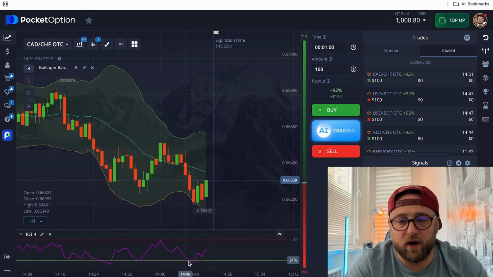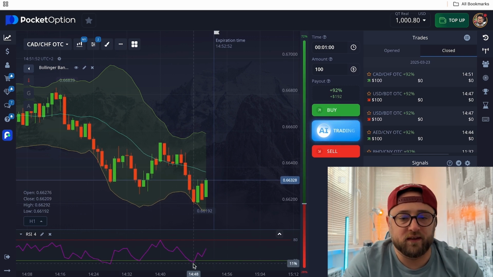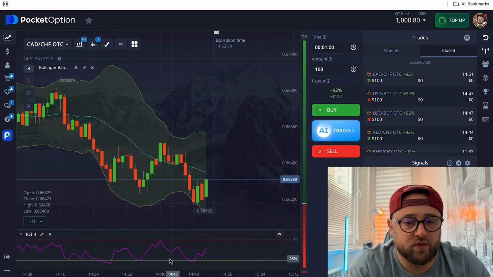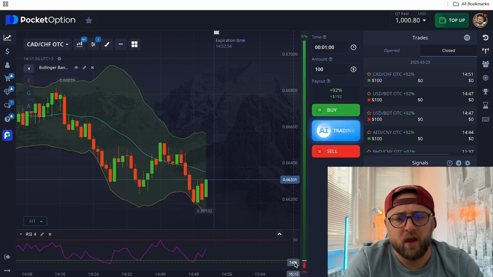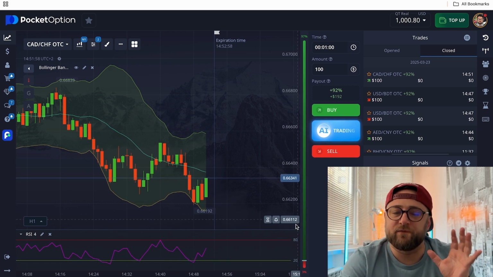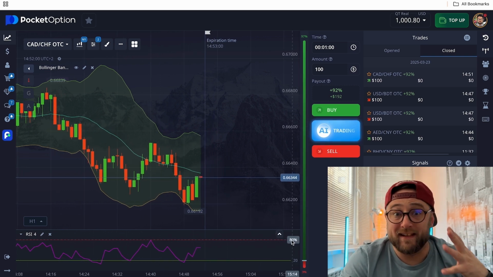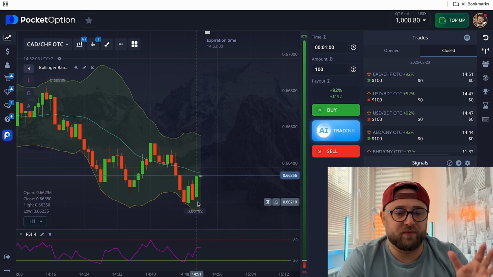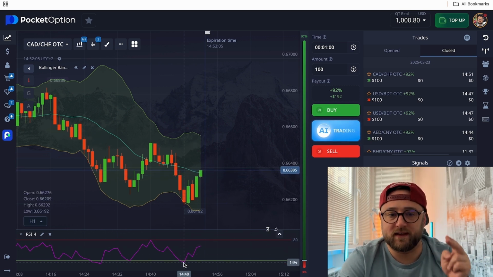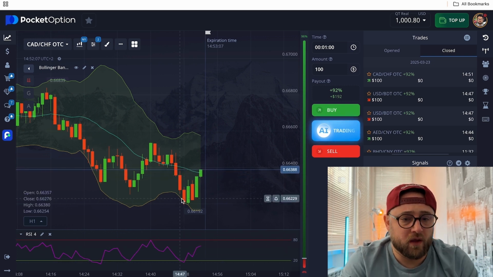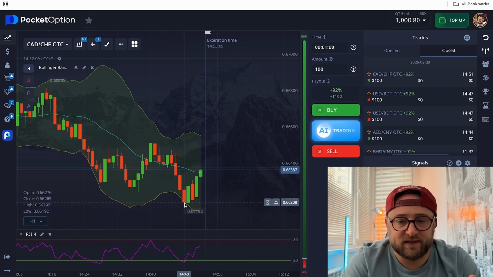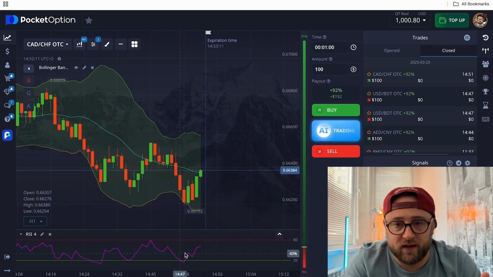That's a signal for us to enter a trade in the direction of the new movement. However, Bollinger Bands help us confirm that signal, so ideally the breakout should be visible on both indicators, RSI and Bollinger, to increase the chances of a successful trade.